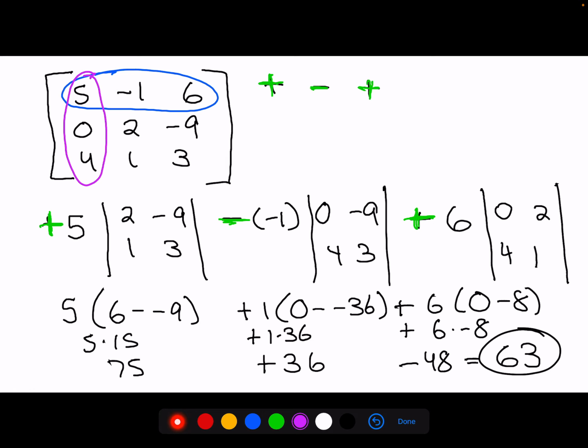So if you can spot things like zeros and choose that row or column to use, that can make things so much faster. It'll save you time and energy, that's for sure. I did not save us time and energy, but you can if you decide to do that.